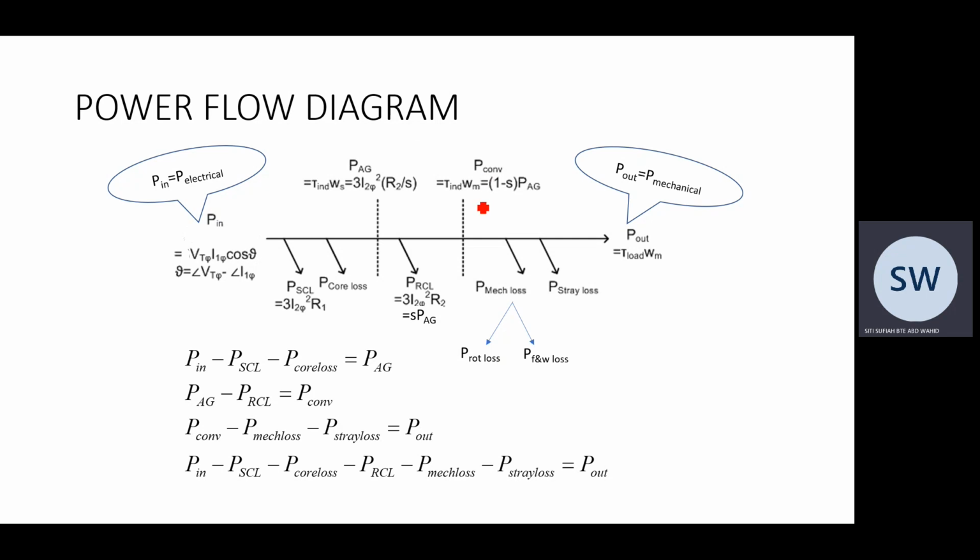So how do we read this power flow diagram? Supposedly any electrical machine, in this case our induction motor, needs to convert from P in to P out. So it's a motor. Motor means the output is P mechanical, the rotating part on the rotor. The input is P electrical, in watt and in HP.